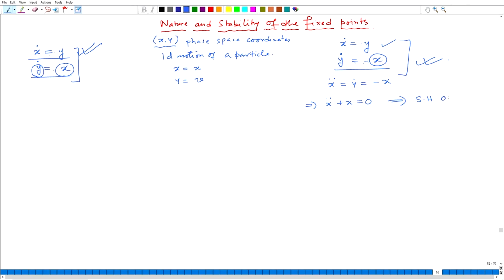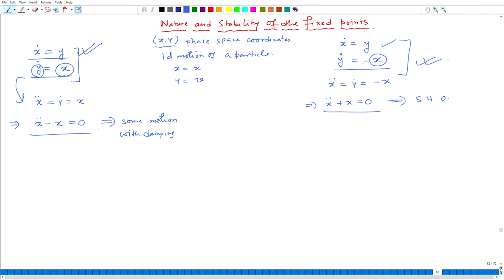On the other hand, if you do x double dot for the other one, that will be y dot, that is x, and that will give you x double dot minus x is equal to 0. That is motion with damping, and you know the solution of them.